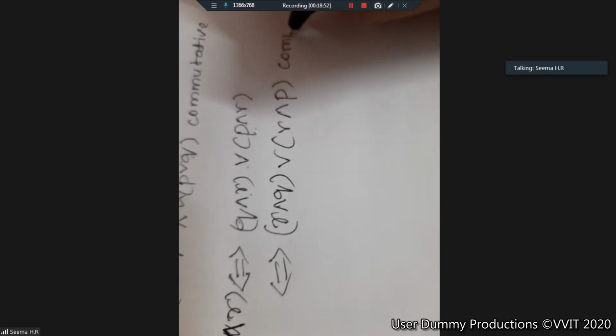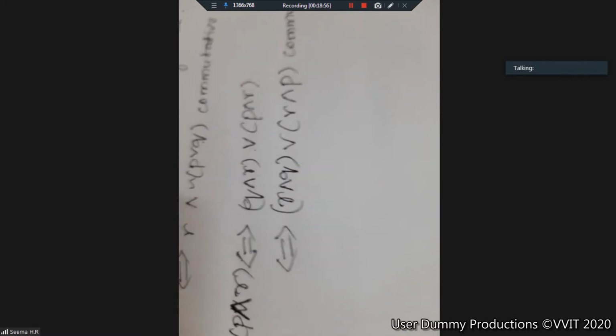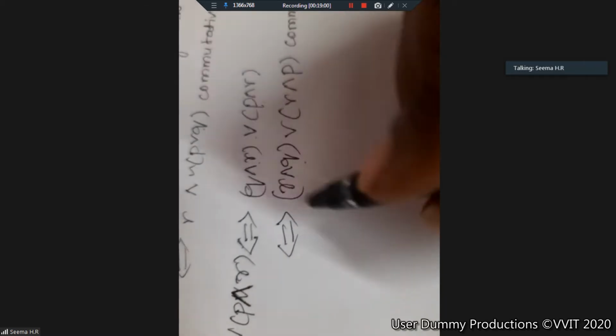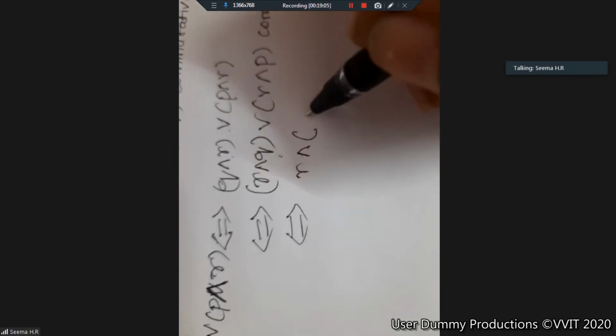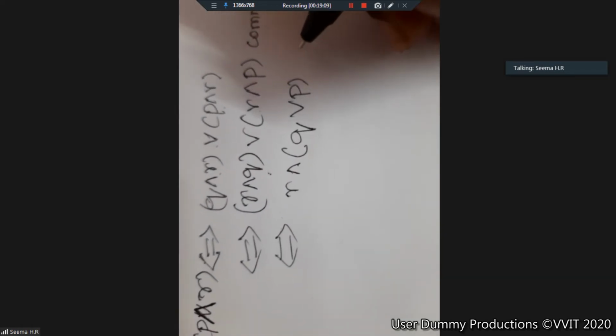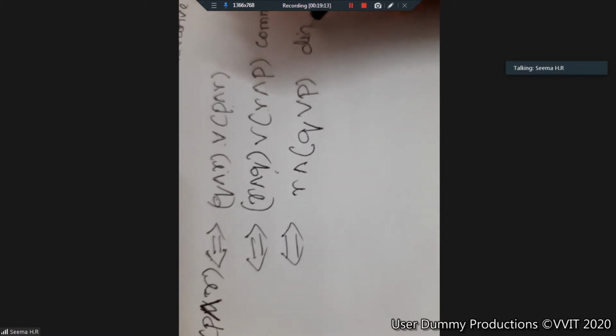So this is because of commutative law. Now, see here, here R and Q is there. Here R and P is there. So we can just take R outside and write this as R and Q or P. So this is because of distributive law.